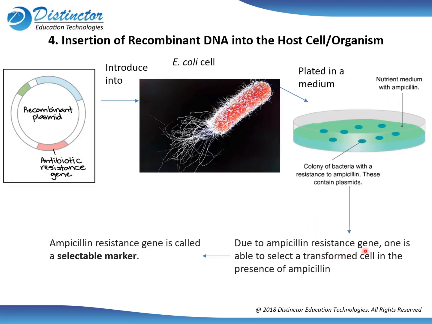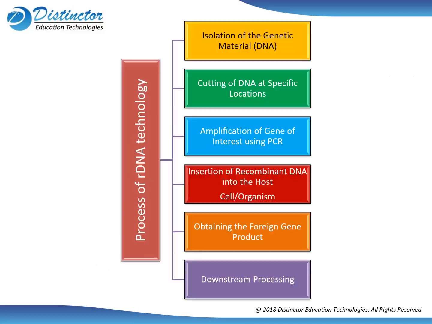Due to the ampicillin resistance gene, one is able to select a transformed cell in the presence of ampicillin medium. So the ampicillin resistance gene, or the tetracycline resistance gene, acts as a selectable marker.